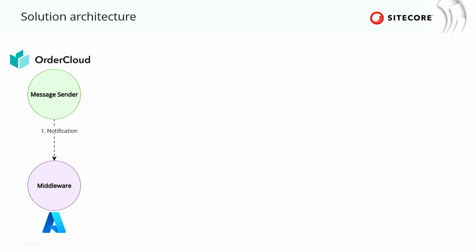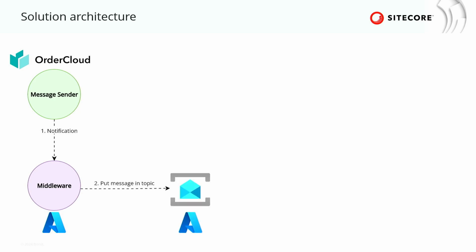And here is the full solution. The previous diagram was more focused on rendering, but here is how we designed it all together. You may remember that for server-side integrations, we had middleware. So we configured the message sender to use this middleware endpoint, so we have the notifications there.